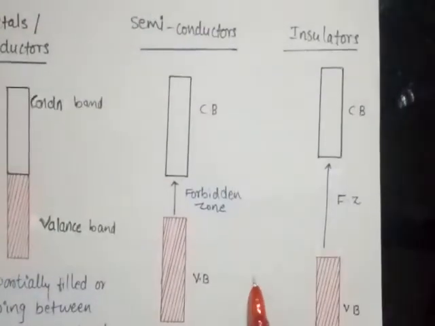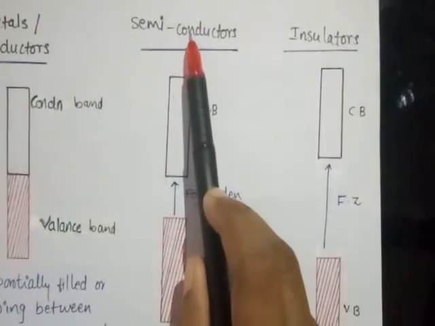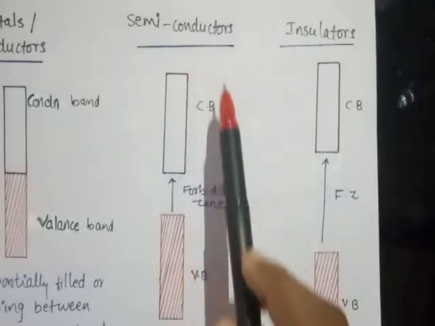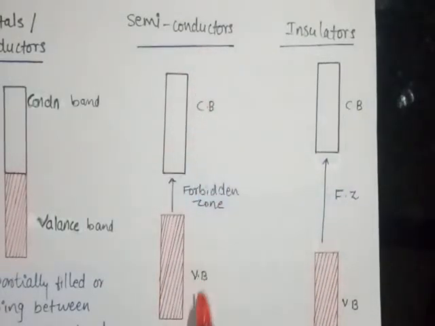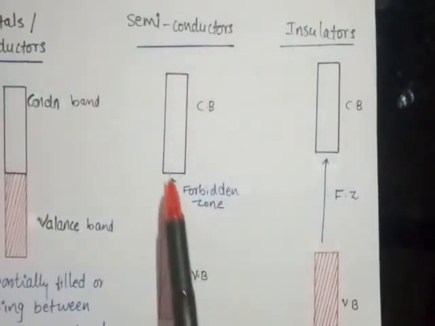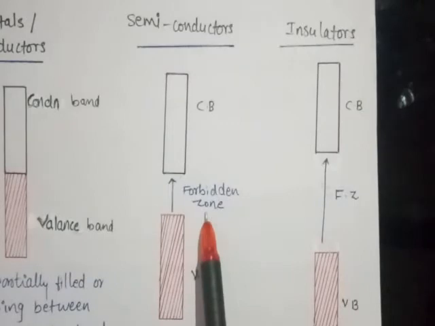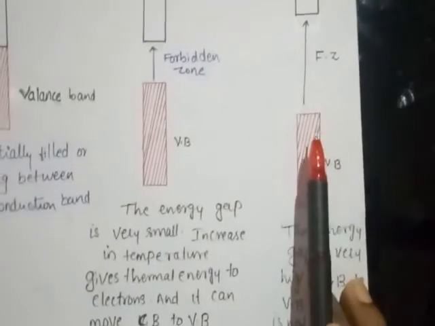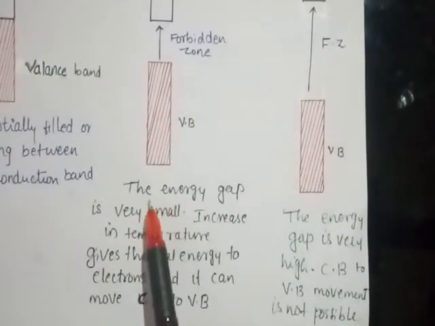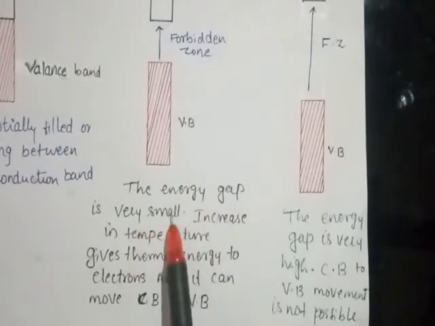The next one is the semiconductor. In the case of a semiconductor, this is the conduction band and this is the valence band. The gap between the valence band and the conduction band is called the forbidden zone. In semiconductors, this energy gap is very small.